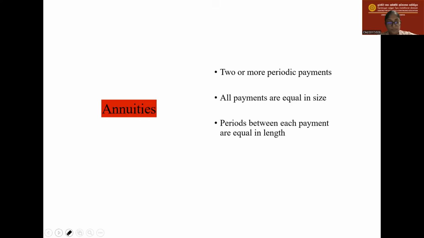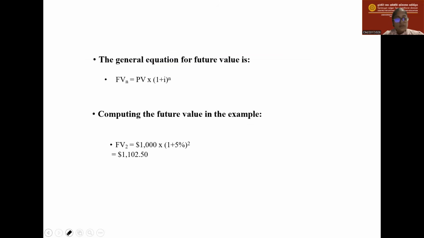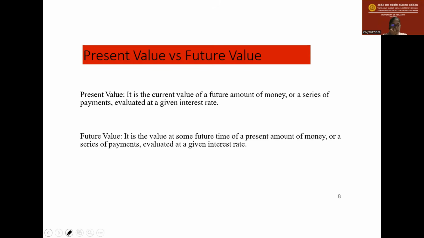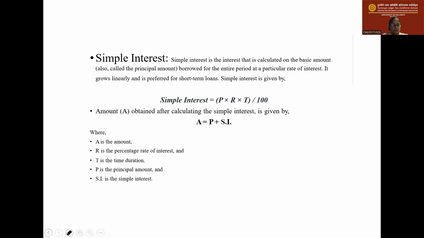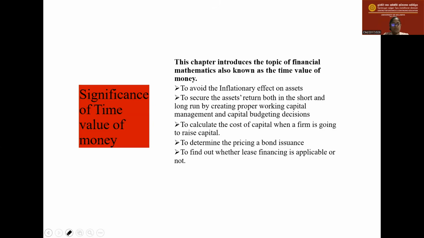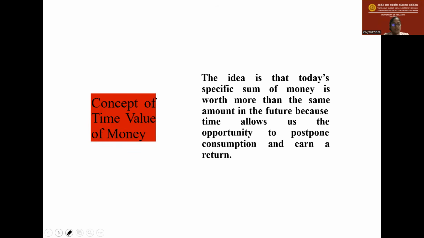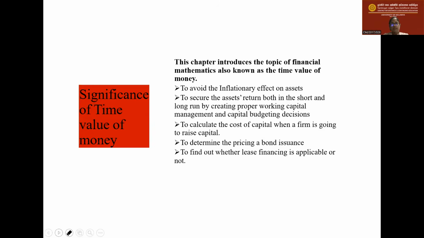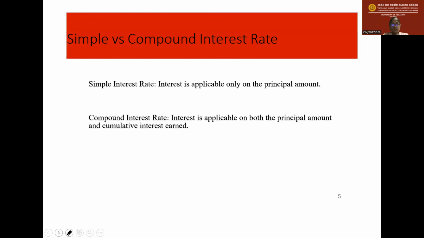Okay, right. Up to now, what we discussed is, coming to the front, what is meant by the time value of money and why it is needed for us, right? And then the differences between the simple and the compound interest rate.